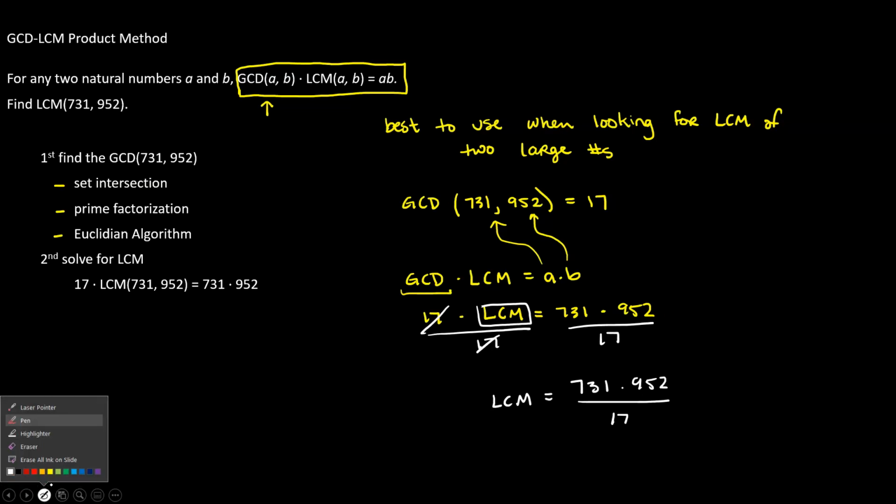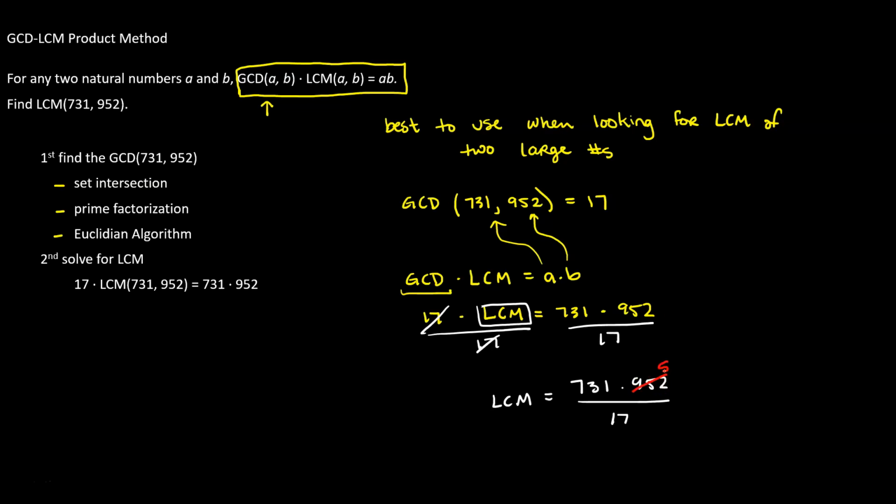Now, I don't like multiplying big numbers, so what I'm going to do is divide the larger of the two numbers by 17, reducing that to a 56 and the 17 to a 1, so that we only multiply 731 times 56. To get the LCM of 40,936.